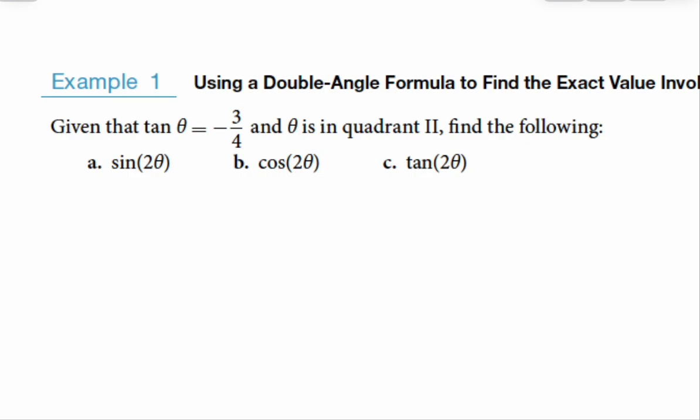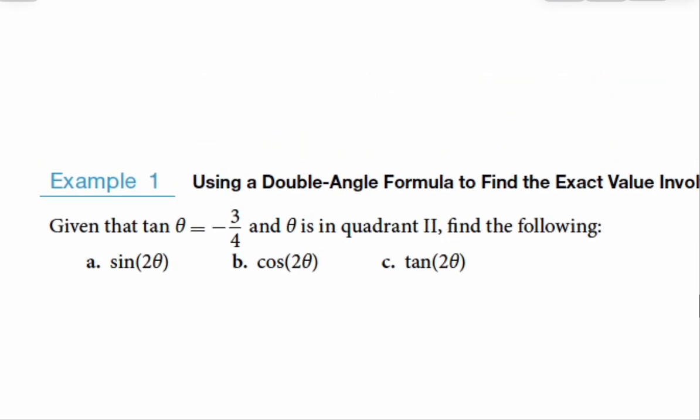So this problem actually is a combination of many things. Here is the strategy that you should take when you do these problems. First thing we should do is we should draw a picture, and in quadrant 2 we should draw a triangle with theta next to the origin. So just like we had done in earlier sections.